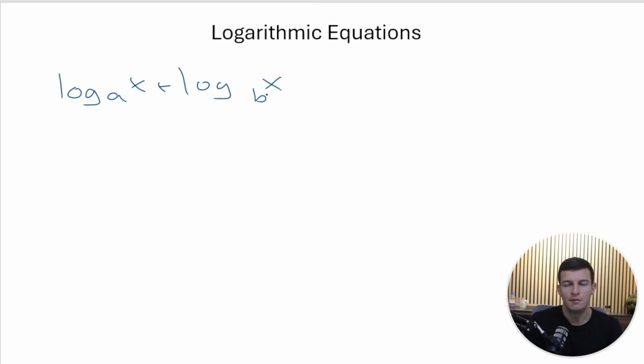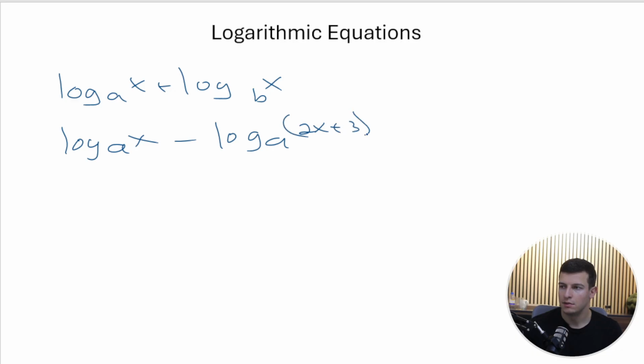Now, in some questions you will see that they already have the same base. So log base a of x minus log base a of (2x plus 3) equal to something. Equal to 1, something like that, right?